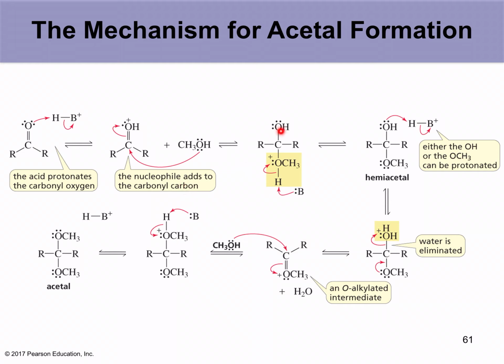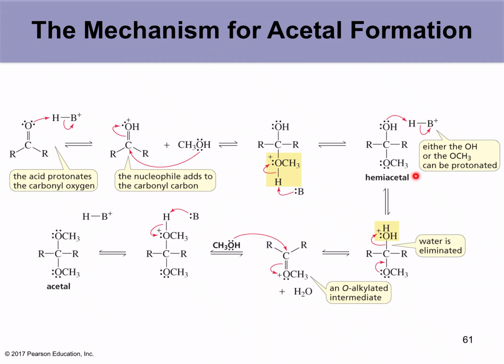This oxygen will become neutral, and the methoxy oxygen, because it has hydrogen and methyl on it, even after you attach it to the carbon, you still have hydrogen and methyl attached to it. So the oxygen having 3 bonds will be positively charged, and the conjugate base will come and grab the hydrogen, releasing the positive charge. Right? Now you have formed a hemiacetal.